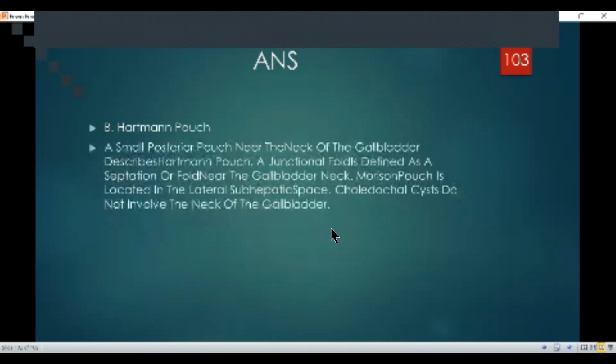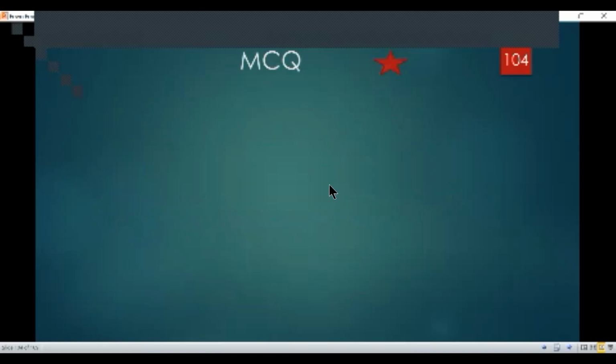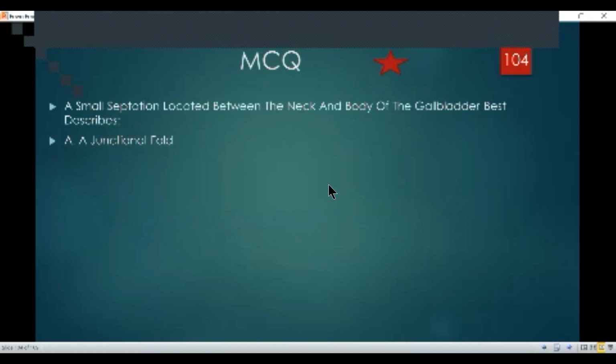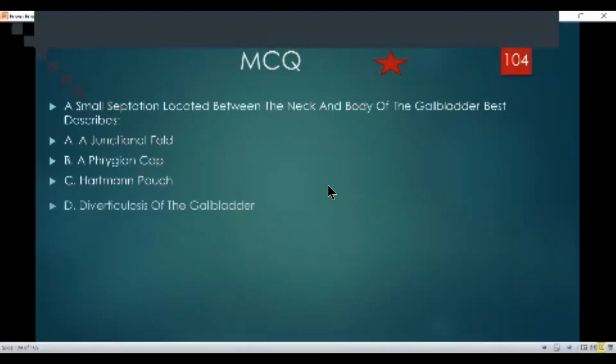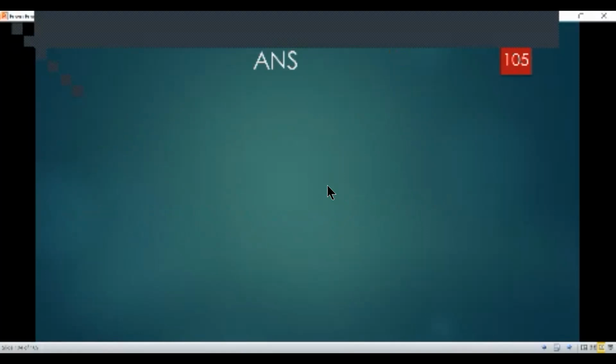It is a small posterior pouch near the neck of the gallbladder. And junctional fold is a fold or septation near the gallbladder neck. Small septation located between the neck and body of the gallbladder, best describe as? It is a junctional fold.